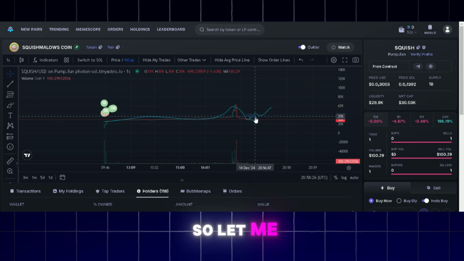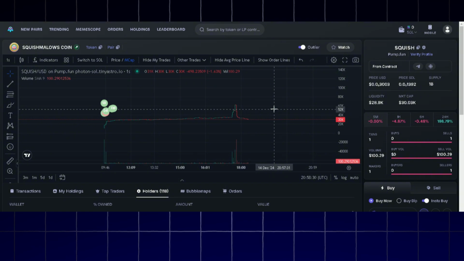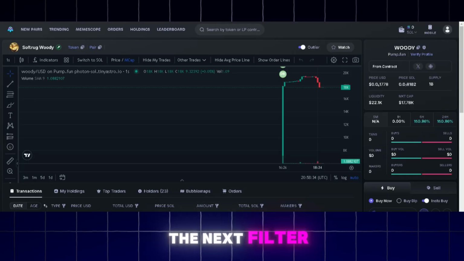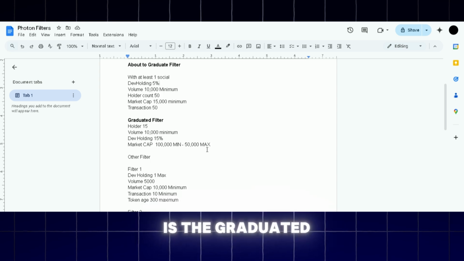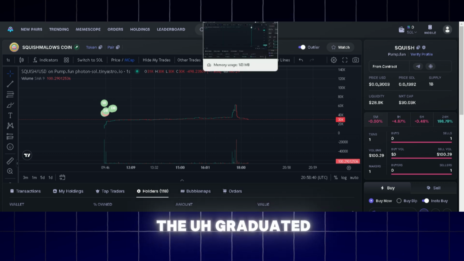So let me clear this chart. Yeah, so the next filter is the graduated filter that I use most. So let's open the graduated filter.